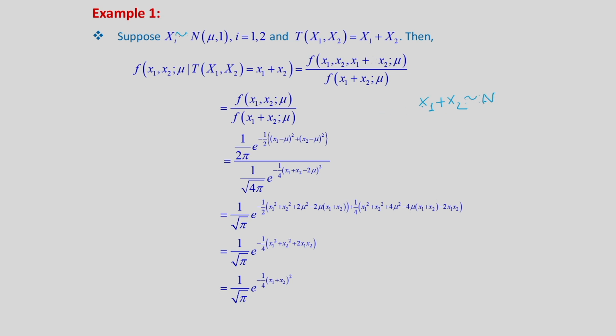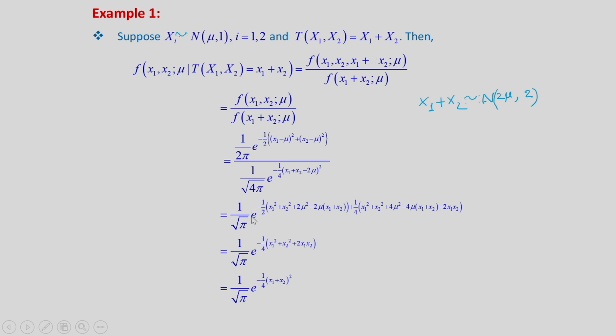The mean will be mean of x1 plus mean of x2, that is 2 mu, and the variance will be variance of x1 plus variance of x2, that is equal to 2. So, this will be normal with mean 2 mu and variance 2. Therefore, this marginal PDF of x1 plus x2 will be given by this. Now, if we simplify, we will get this expression.